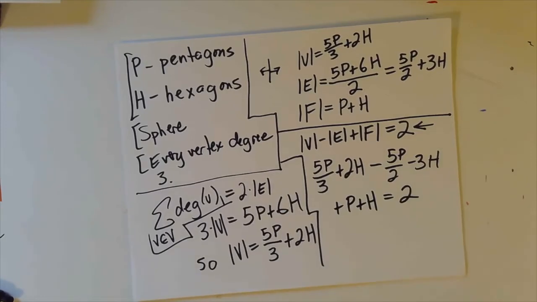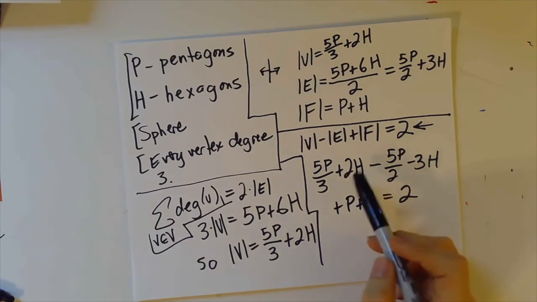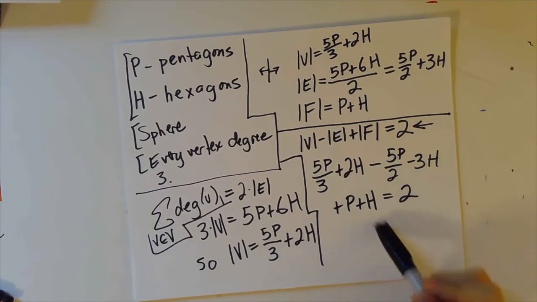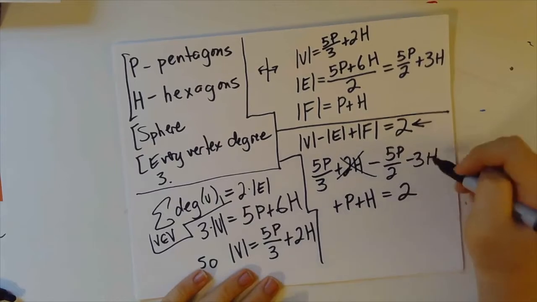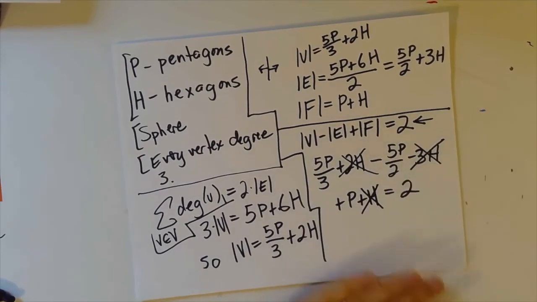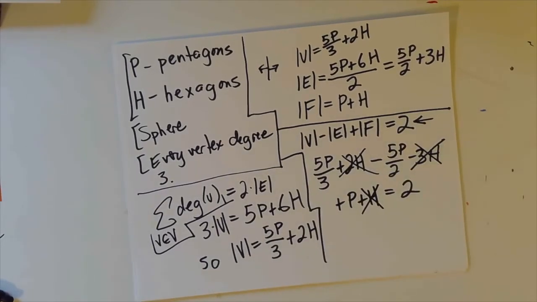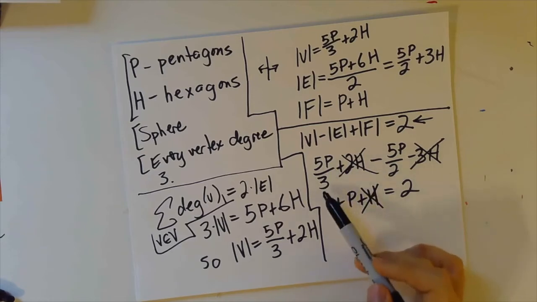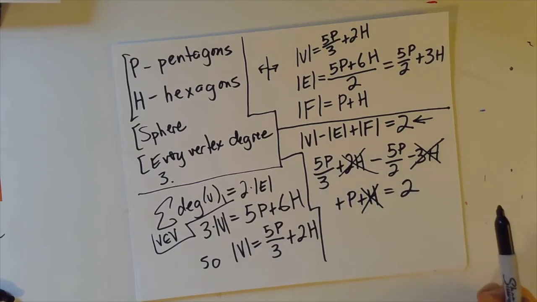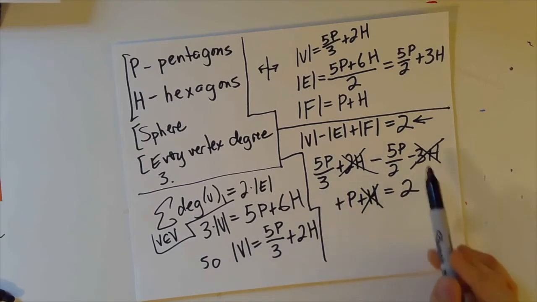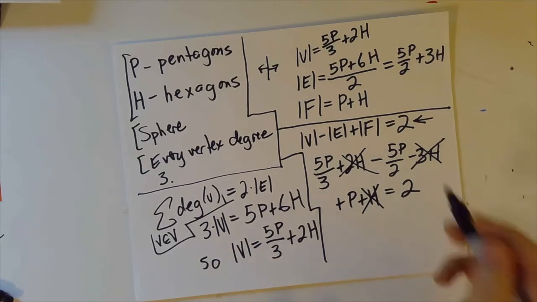And what I want you to notice, that you might not see right away, is that something very beautiful happened here. Namely, I have plus 2h minus 3h plus h. And so the number of hexagons just falls completely out of the equation. Then I have 5p over 3 minus 5p over 2. So let's write everything in terms of sixths.